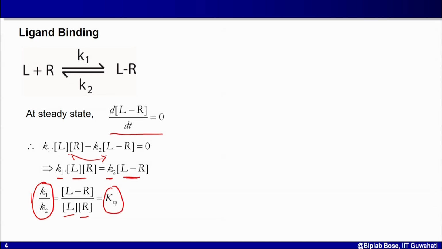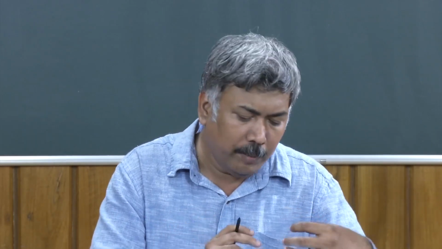Remember, I started by saying I am considering a steady state. I have not said equilibrium, but in the literature this steady state is actually called equilibrium. We have discussed this issue earlier, and usually we try to avoid the use of equilibrium because it broadly may mean thermodynamic equilibrium also, and that may sometimes be confusing, but in this case they are the same and equivalent.